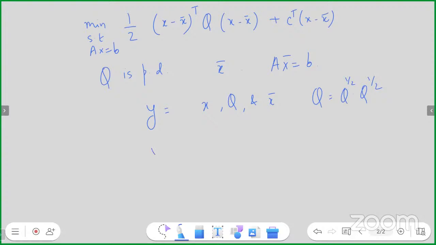So think about y equal to Q power half times x minus x bar. What does it do to you? Half y transpose y. So the first term is nothing but a square term, y transpose y. Because Q is PD, you can write Q as this.